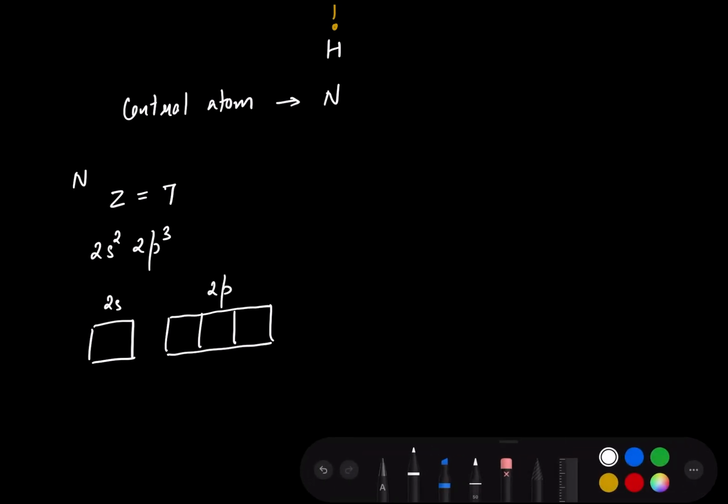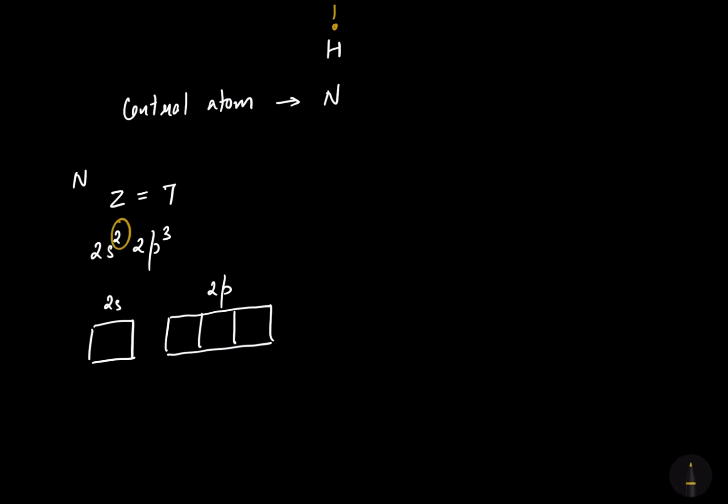Now let's fill the electrons. The 2s has 2 electrons, so in 2s we put one electron with a spin of plus 1/2 and the second electron with a spin of minus 1/2. Now the 2p subshell has 3 electrons and 3 orbitals. We fill the 3 electrons according to Hund's rule.